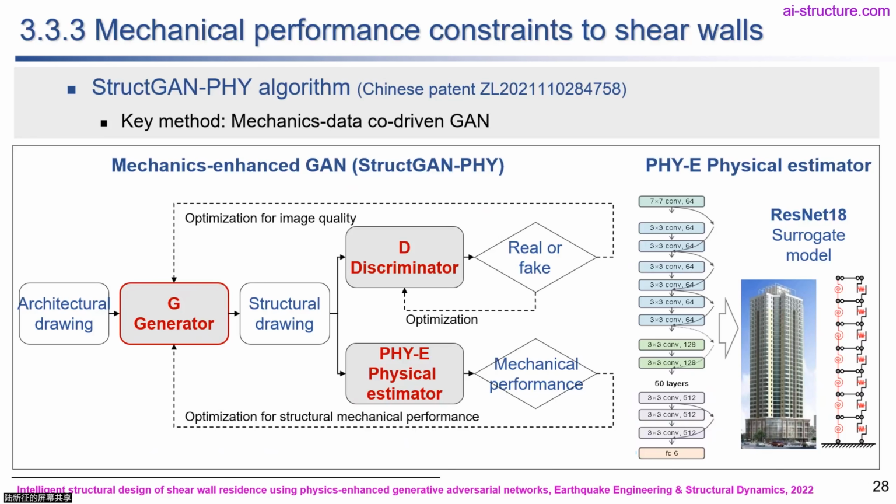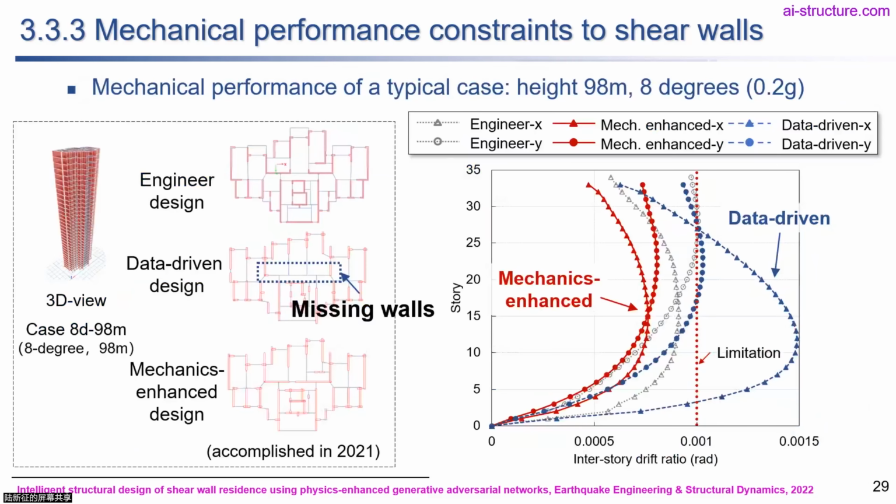And on the bottom, we use a physics estimator to check if the AI design result can satisfy the mechanics requirement. And we use a ResNet neural network as a surrogate model for the physics estimator. And here is the result. For example, for this tall building with 98-meter height, this is the engineer design.